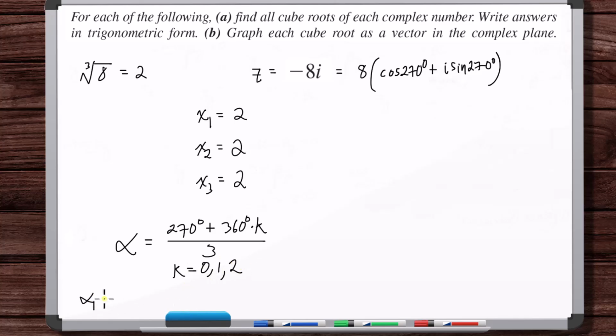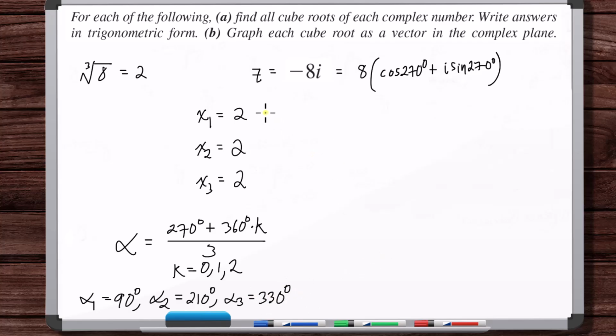So now alpha 1 is going to be, k equal to 0, so you're left with 270 divided by 3, that's 90. Now they're all going to be spaced 120 degrees apart. So the next one would be 210, and then the next one would be 330.